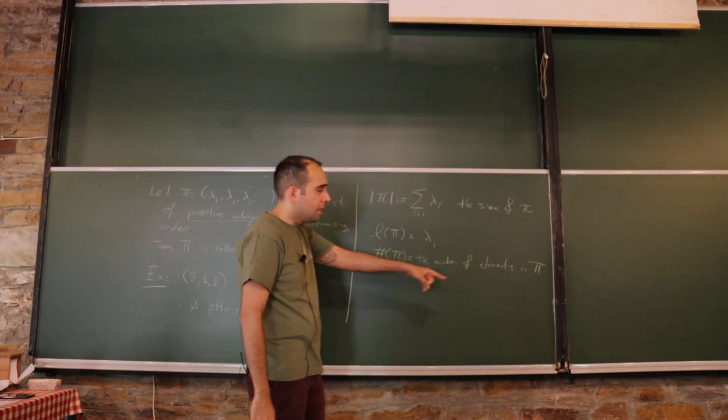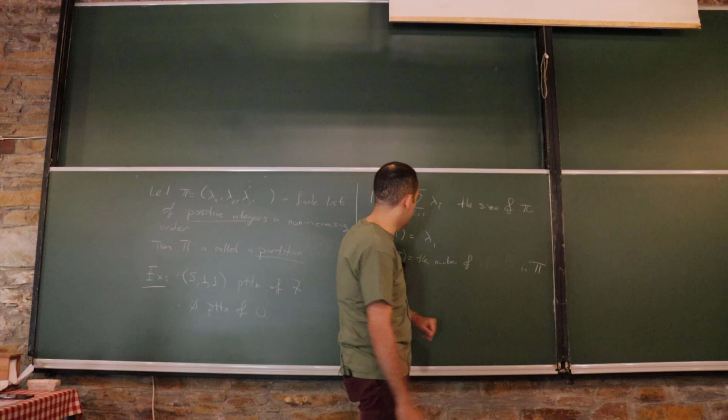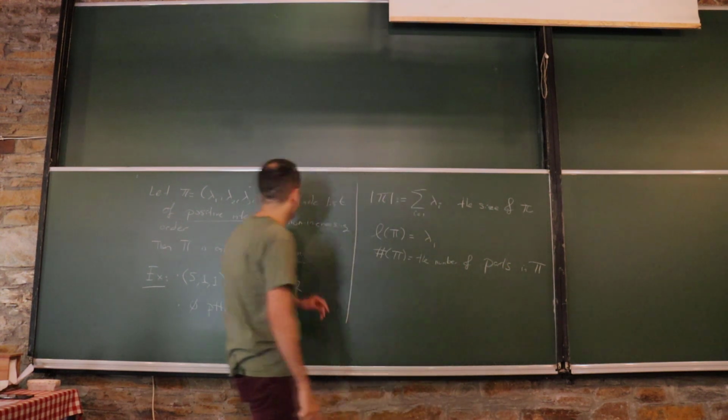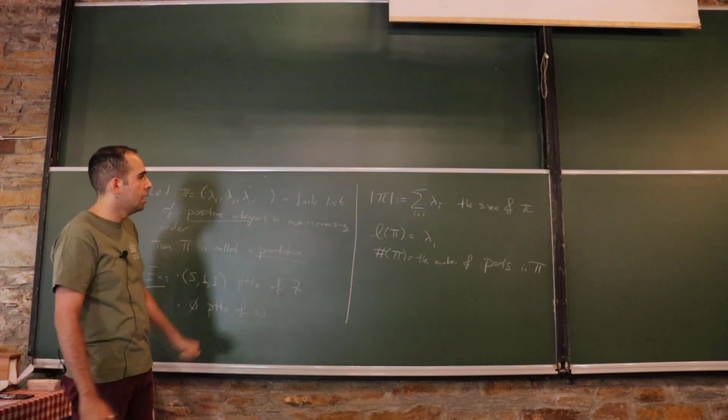These elements, we will call the parts. So lambda 1 is the largest part, lambda 2 is the second largest part, lambda 3 is the third largest part, and so on.